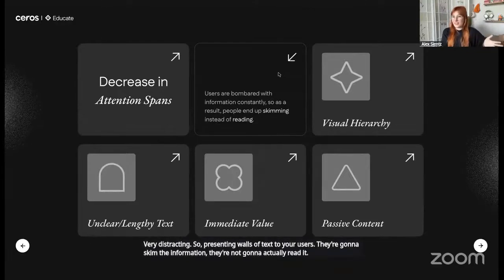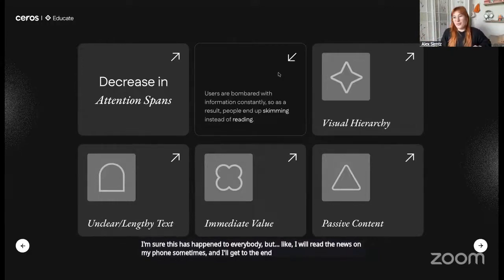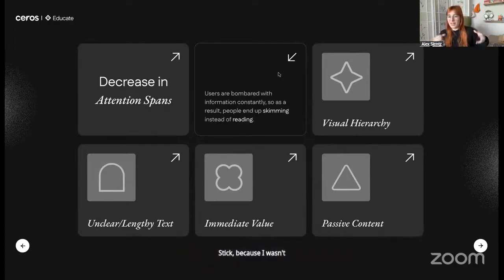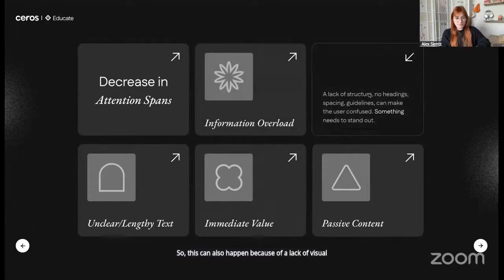I'm sure this has happened to everybody, but I will read the news on my phone sometimes and I'll get to the end of an article and I'll go, what did I just read? Like I took in all the words, but they didn't stick because I wasn't fully paying attention to what I was doing.